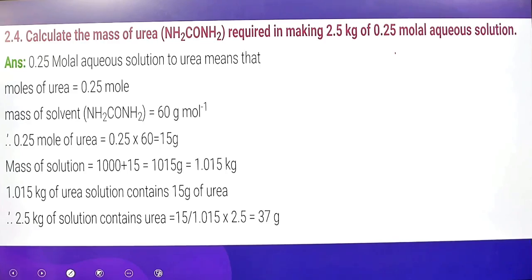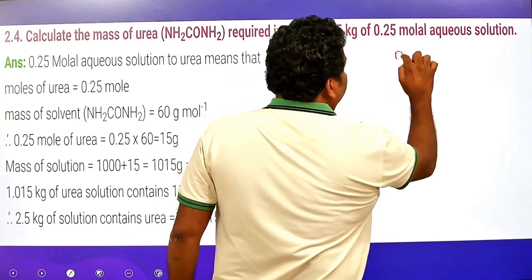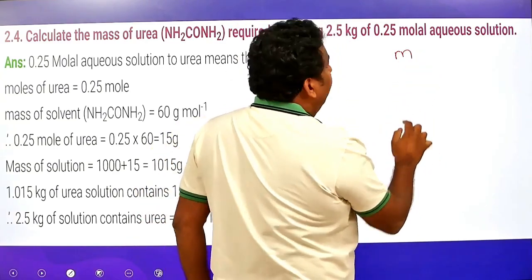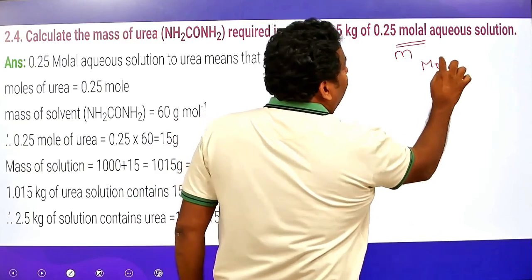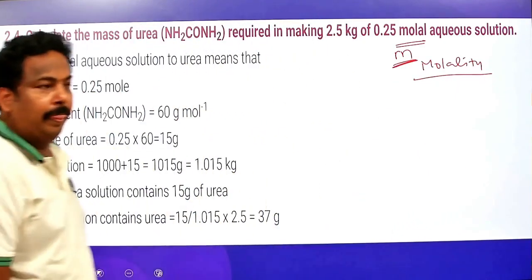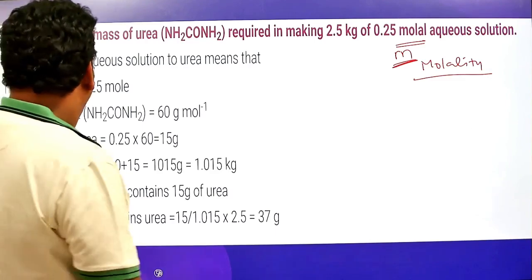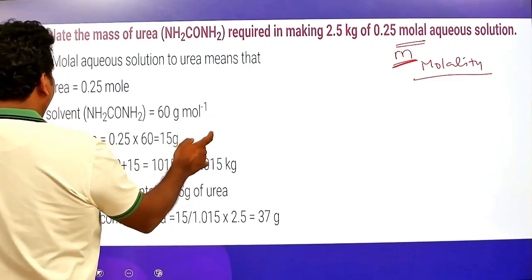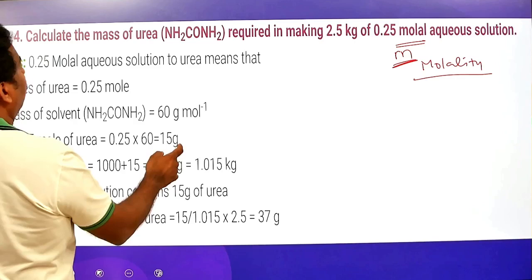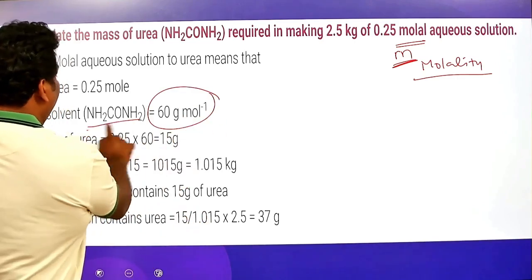Molal is small m, okay? This is molality. Small kg, be careful. Solve this. What is the mass of the solvent? How much? 60. If you calculate this, how much will you get?